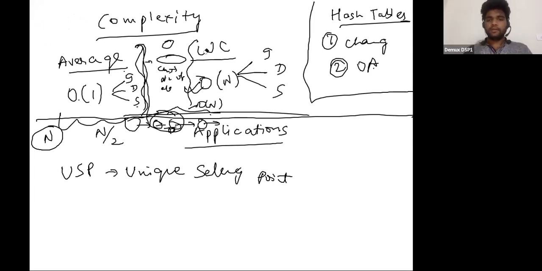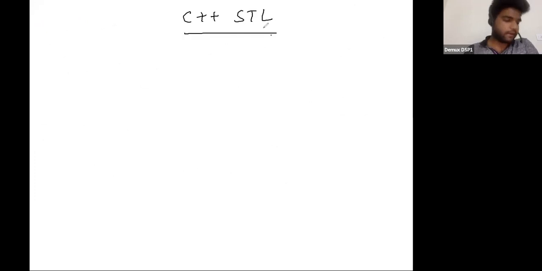Okay, so let's now move on to applications, which is the real stuff. First things first, let's see in C++, in the standard template library, how hash tables are implemented.